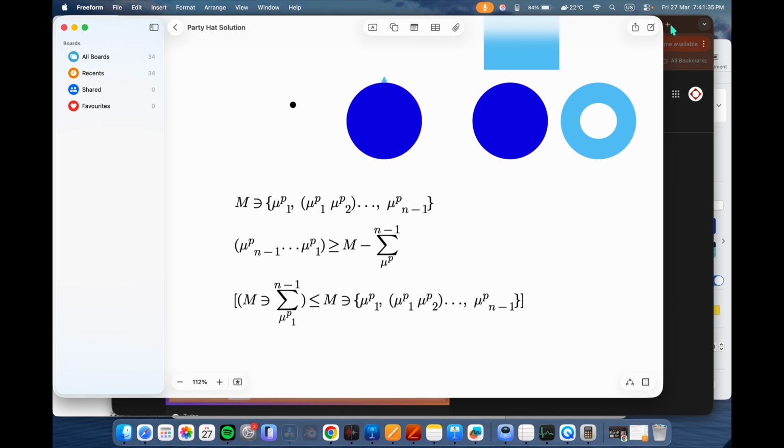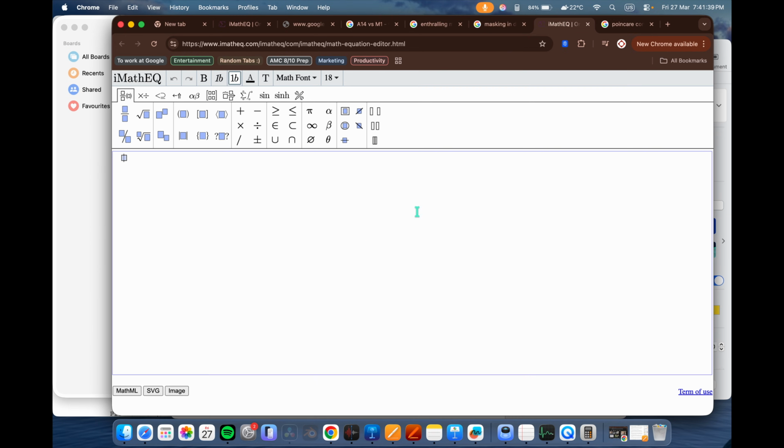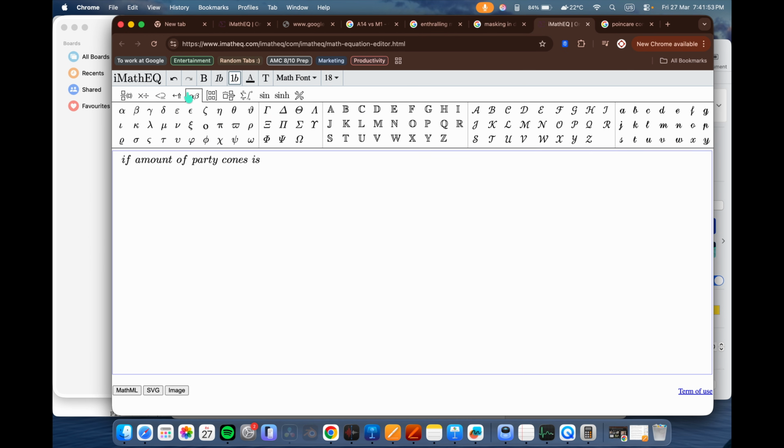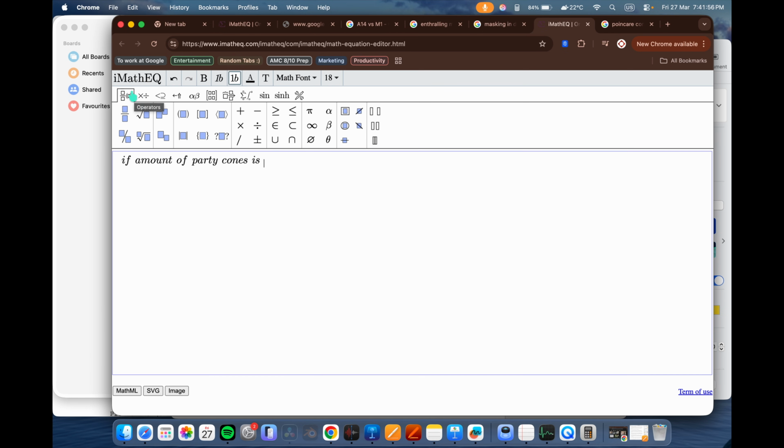So basically what this means is that if the amount of particles is infinite, then they would be non-existent since 1 over infinity is going to be equal to 0, or more accurately, this is going to be epsilon.